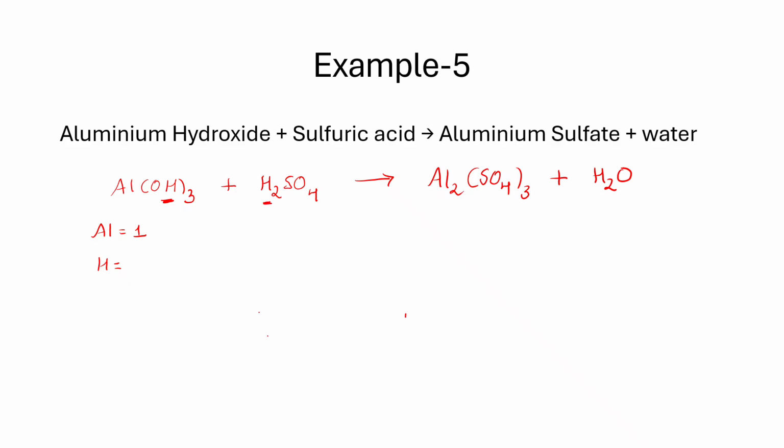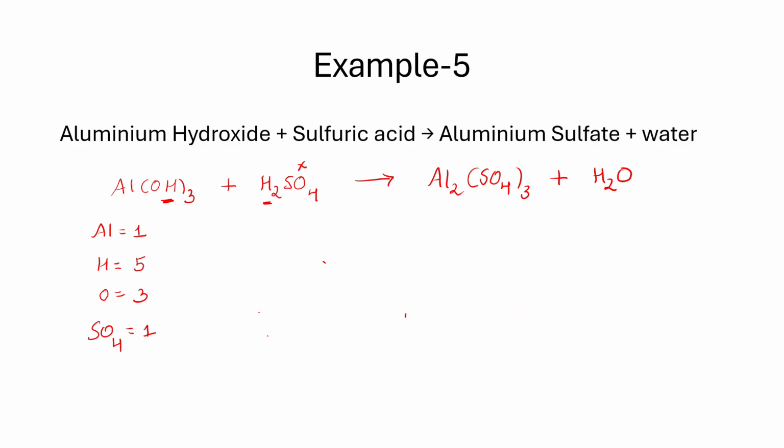So that makes a total of 5 hydrogens on the reactant side. We also see that there are 3 oxygens that are present in the hydroxide. Of course, we'll not be considering the oxygens in the sulfate, since we'll be treating sulfate as a single entity. So the number of sulfate is 1.